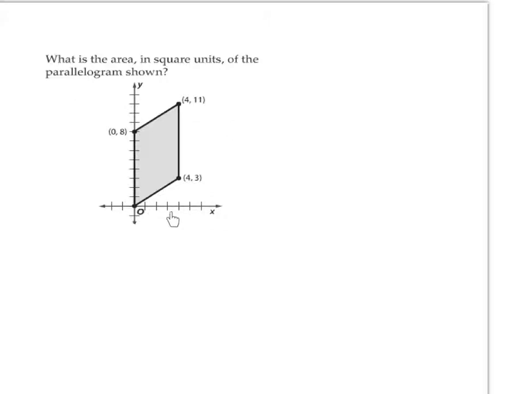This distance right here, that's perpendicular to my height, I'll call that my base. It's going to have a length of 4. You can see the x's go from 0 to 4, or 1, 2, 3, 4. So I have a horizontal distance of 4 and a vertical distance of 8. Therefore, think of this as my base, and this as my height. My base is 8. My height is 4. This has an area of 32.